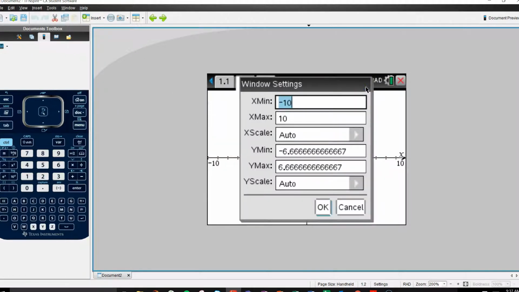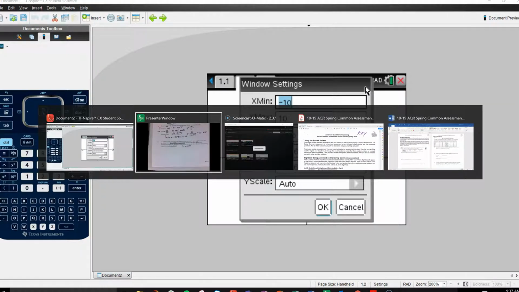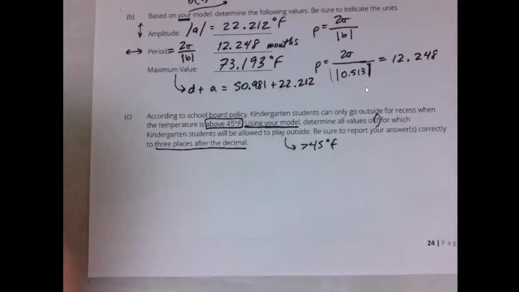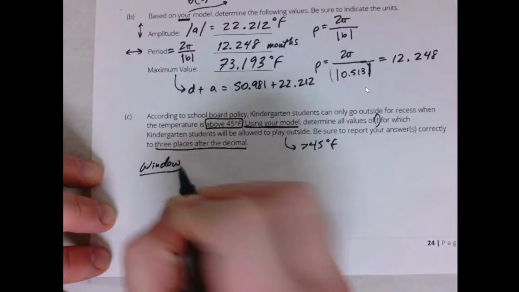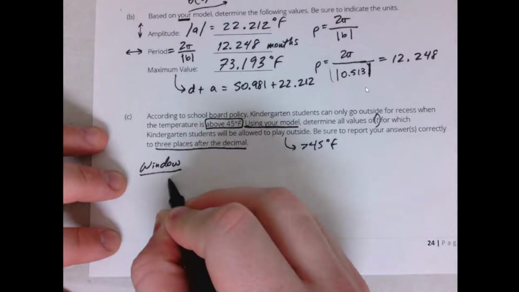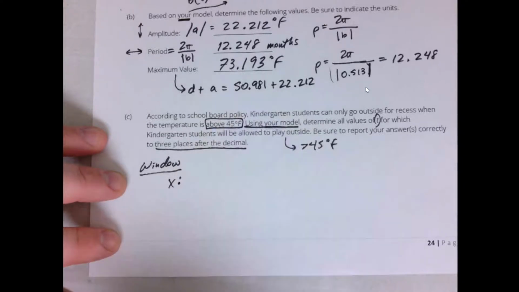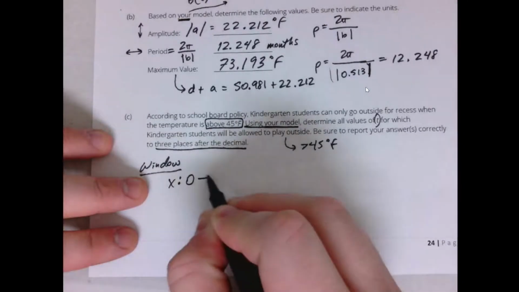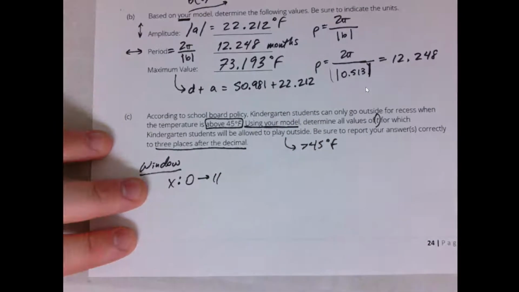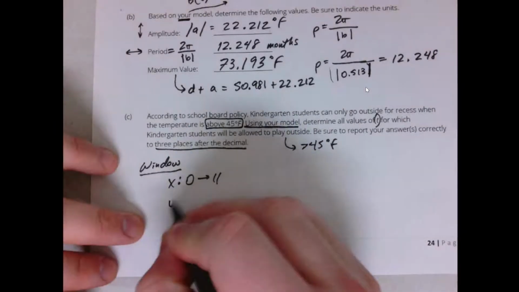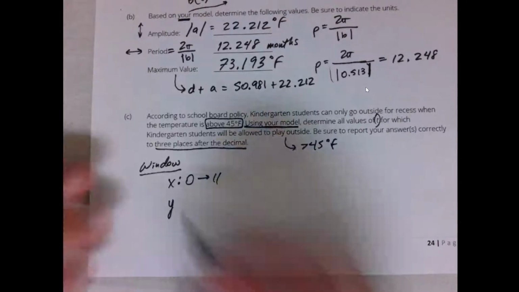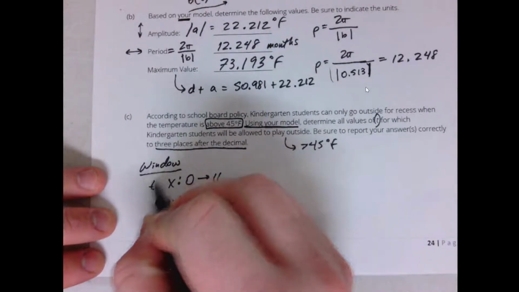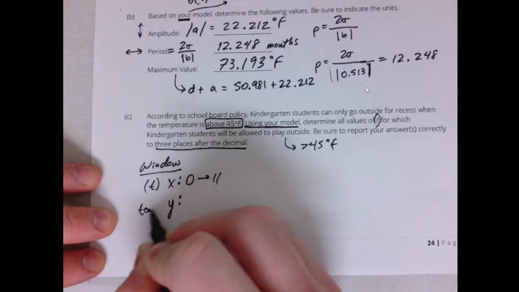So let's think through what size window would make sense. Well, for my x values or my t values, I start at 0 and I go to 11. So that's probably a good window there. For my y values or my temperature values, remember this is T and this is temperature.